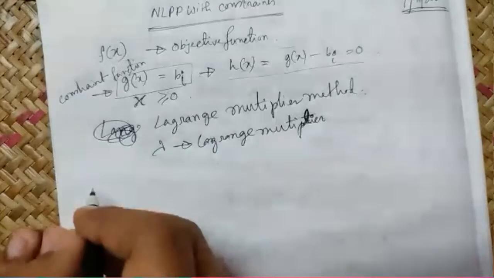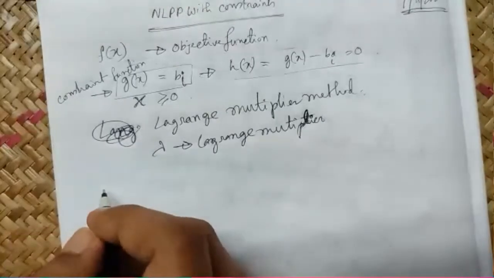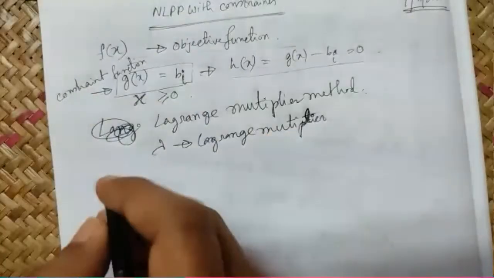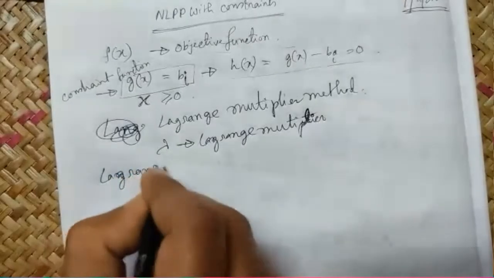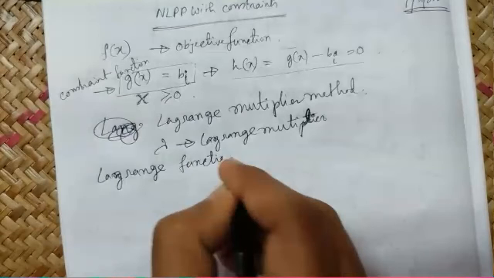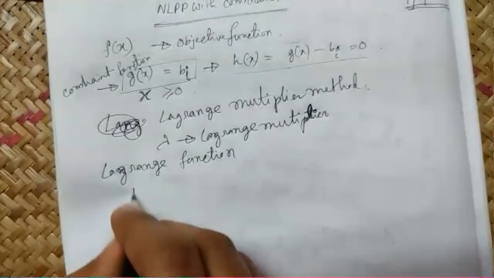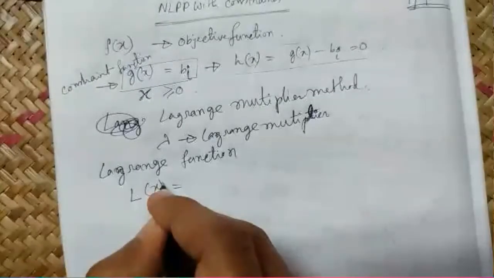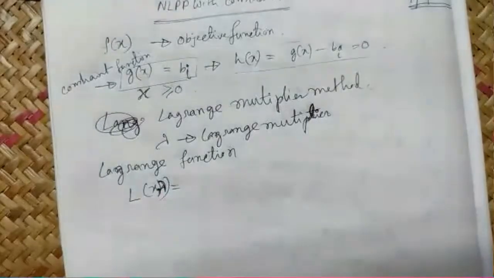Now we will derive, or we will form, the Lagrange function. What is the Lagrange function? We will call it L(x). So L will be a function of x and lambda. How?